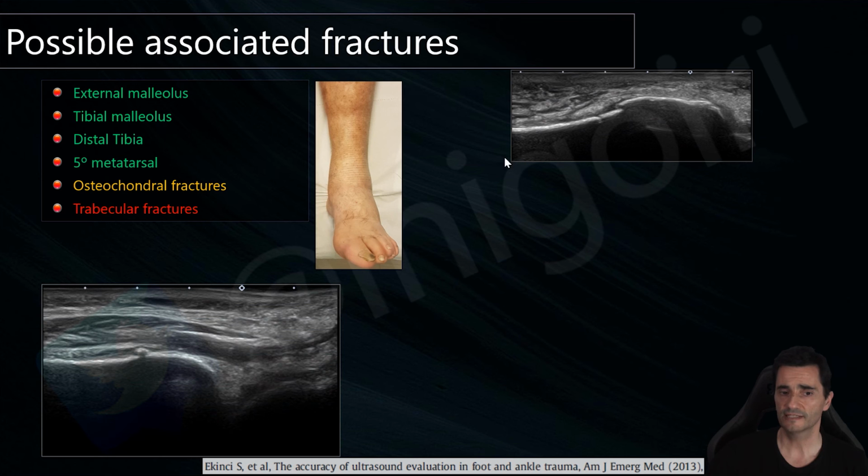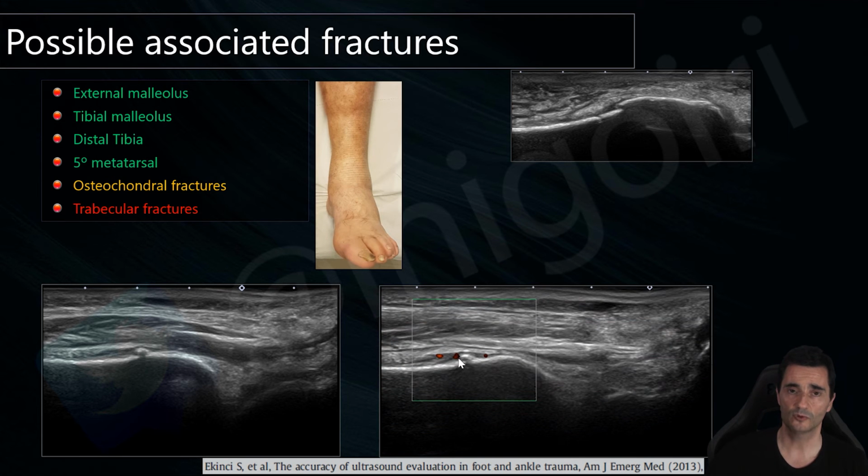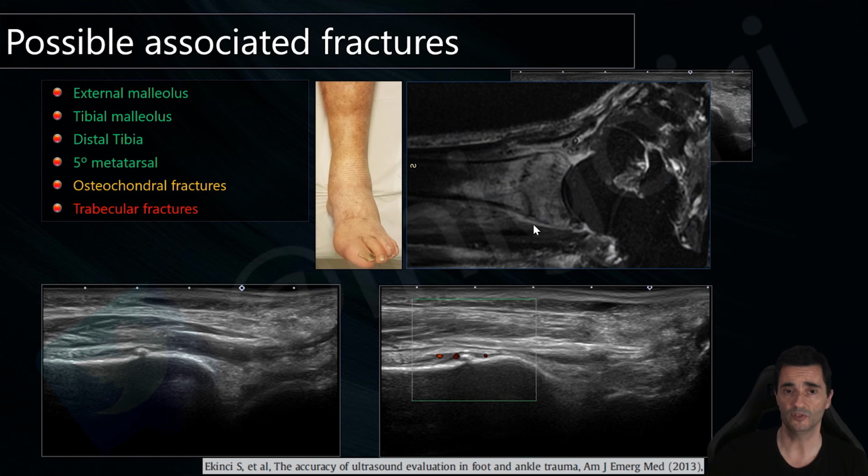But there's something else. You can see here the tibia, the anterior tibia. This is the talus, and you notice here this small fracture of the tibia, again with a small Doppler. So we asked for an MRI, and this is the image. A fracture of the tibia, which was bearing total load, pain, and functional impairment.